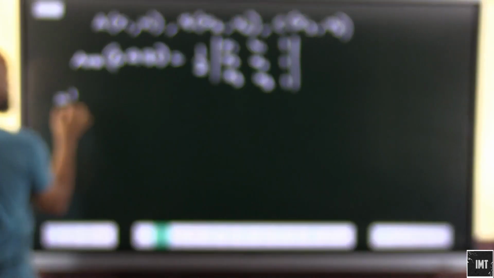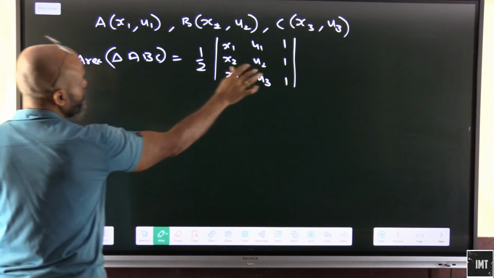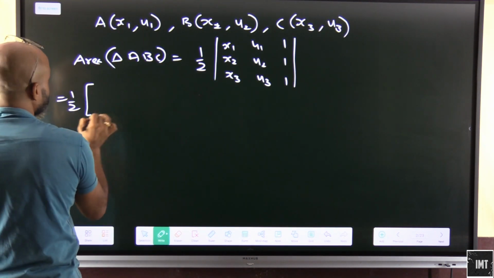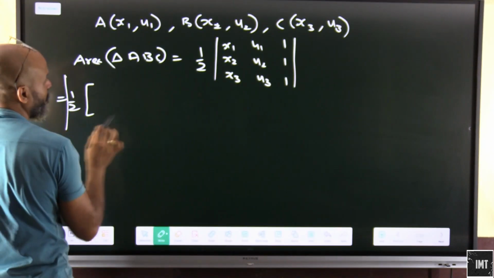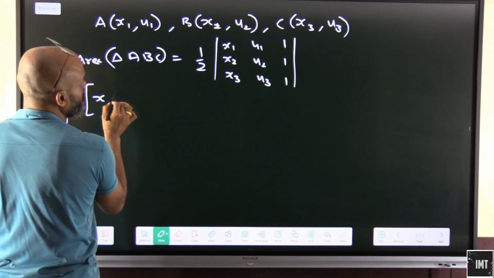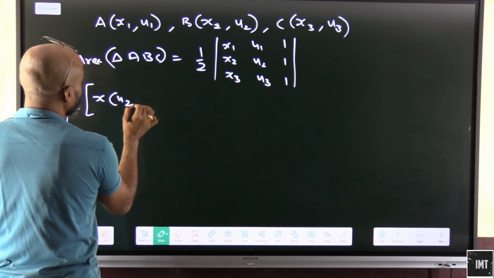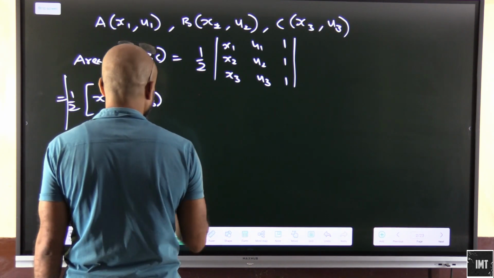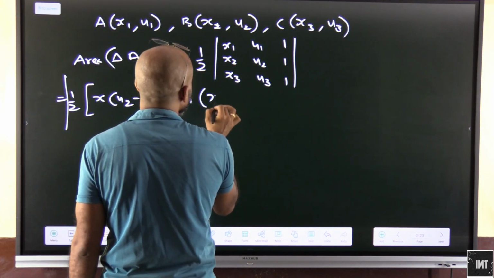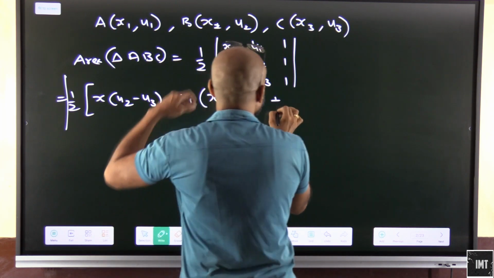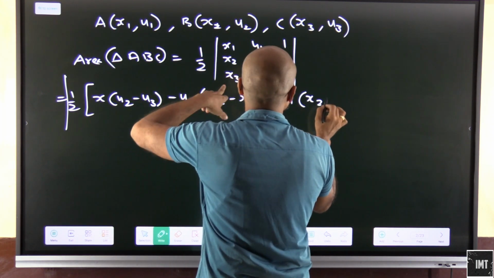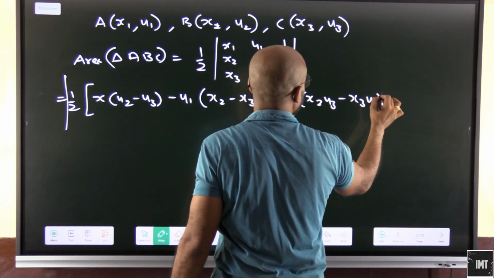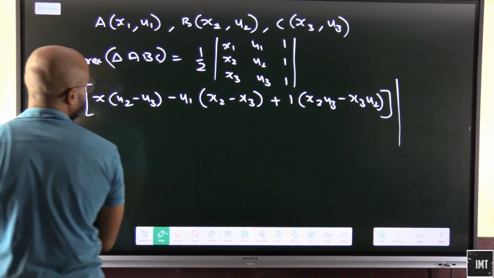Area will always be positive, which is something we have to keep in mind. So this will be the mod of x1 into (y2 minus y3) minus y1 into (x2 minus x3) plus 1 into (x2 y3 minus x3 y2), keeping mod values because area has to be positive.